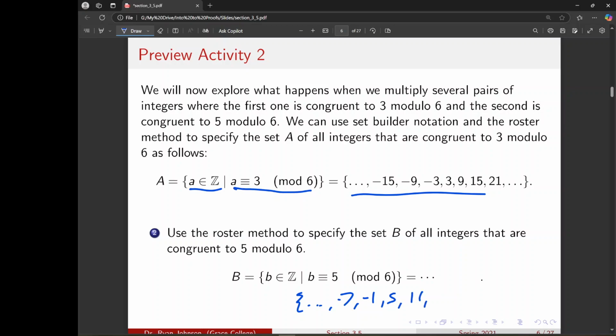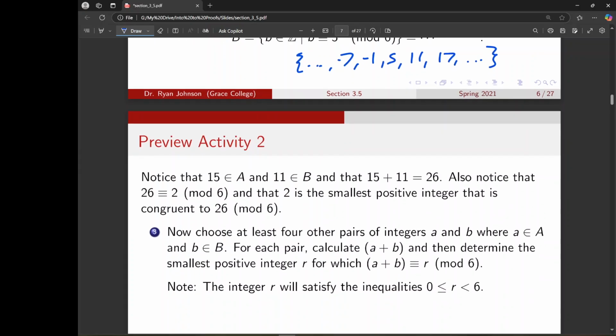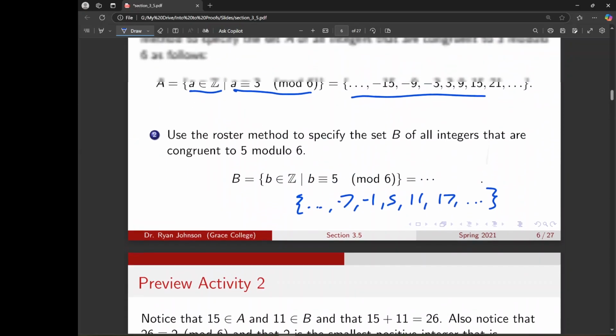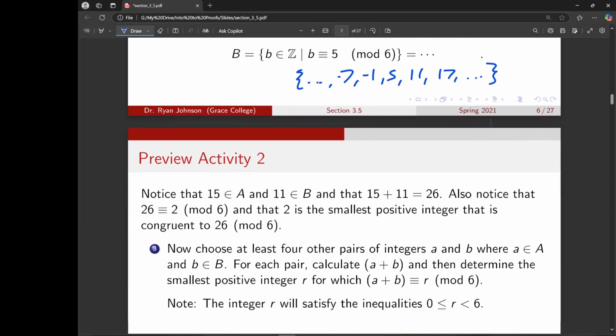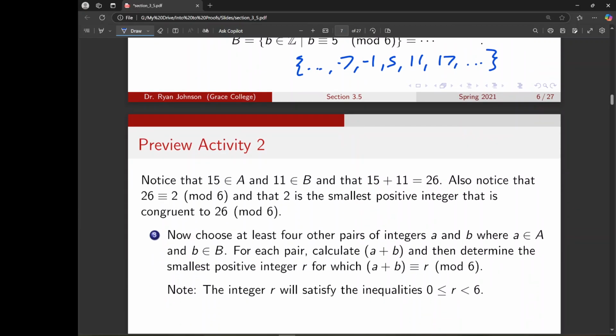And then you'll have 11 and 17, and so on and so forth. Notice that 15 is in A and 11 is in B. And then 15 plus 11 is 26.